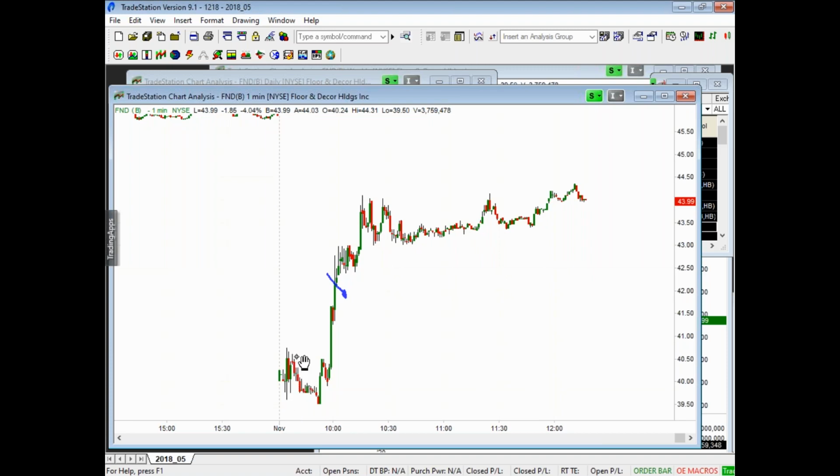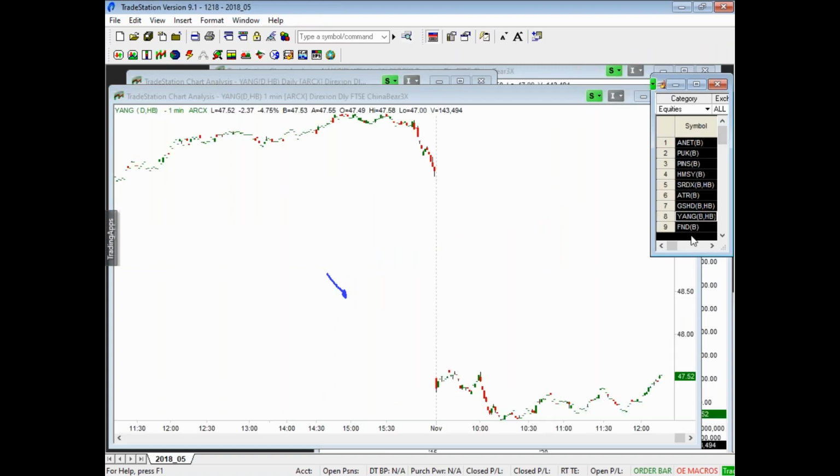So you can't really quite see it here, but these will usually, again, it's usually that first start of the day, and then it will flip around and do the gap closure. So you're going to find examples where it looks textbook, and then you're going to find examples where it's just not quite.